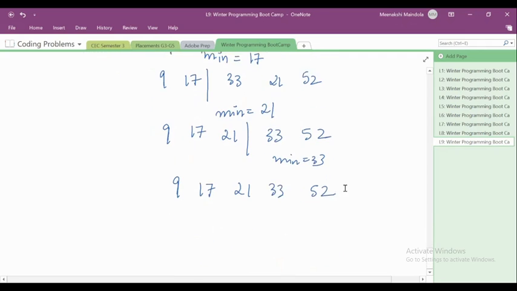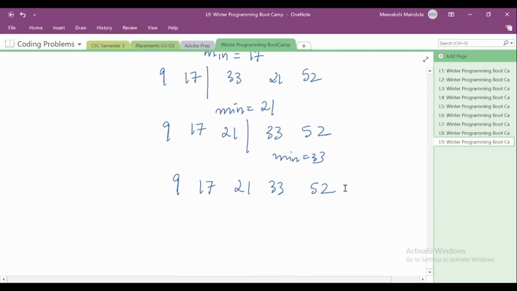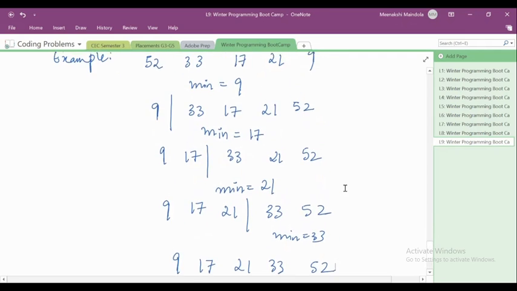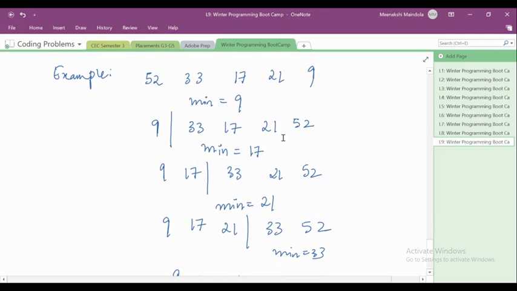So this is very simple. Let us say if you consider the pseudocode, you're going to require an outer loop. In the outer loop you're going to start with the first element and go on up till n minus 1. Every time you're going to find out the minimum element.